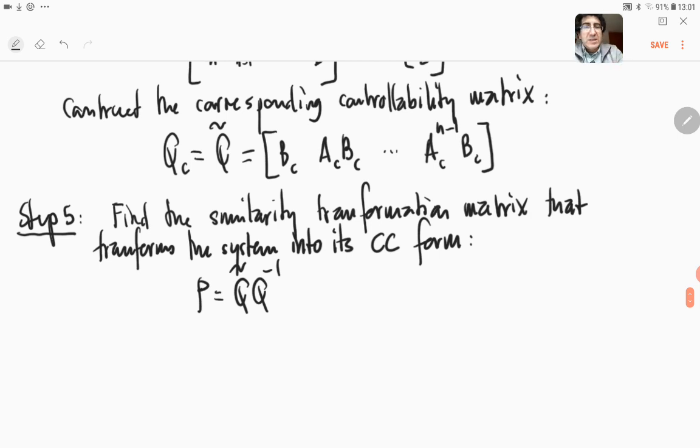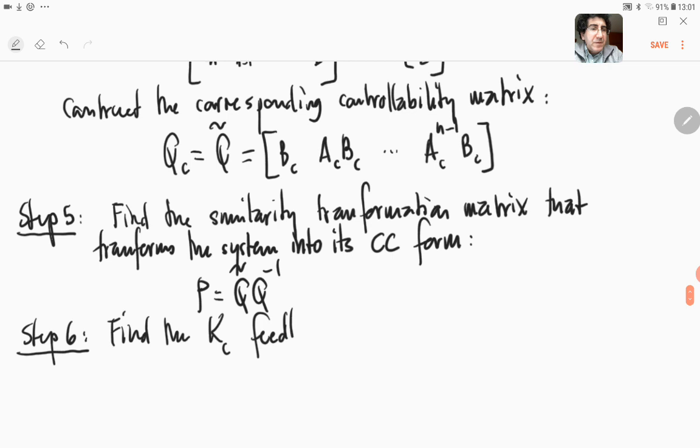Okay, step 6. Find the KC feedback vector using the controllable canonical form.